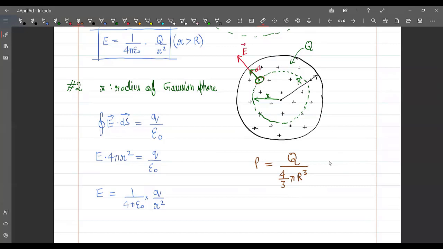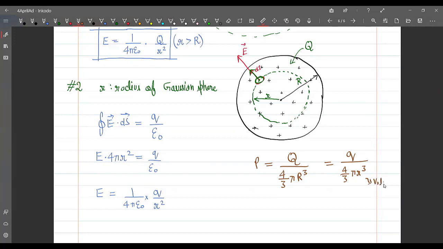The charge per unit volume remains constant. So for the small q, the volume is 4 by 3 pi r cube. For the Gaussian surface, if I talk about only the charge that is inside the Gaussian surface, then I have to take only the volume of the Gaussian sphere.